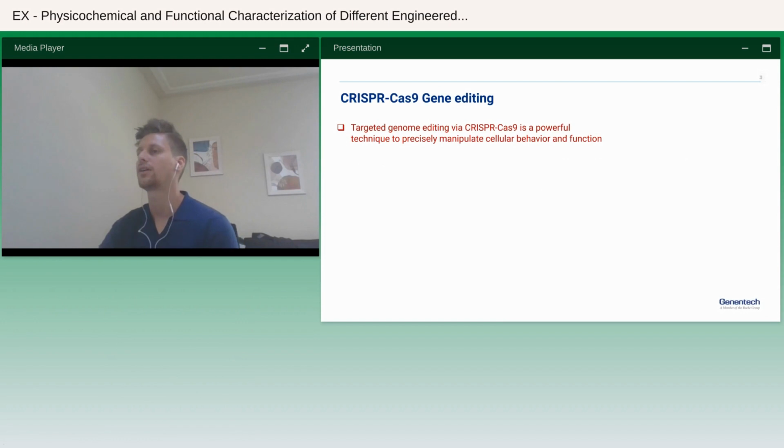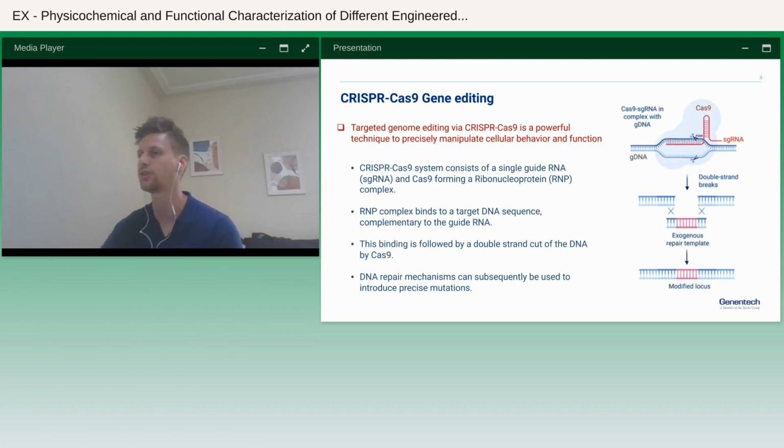So what is CRISPR Cas9? It is a powerful tool to precisely manipulate cellular behavior and function. So how does it work? The CRISPR Cas9 system consists of a single guide RNA that you can see here in red, and Cas9 in blue, and the two different species can form something that we call a ribonucleoprotein RNP complex.